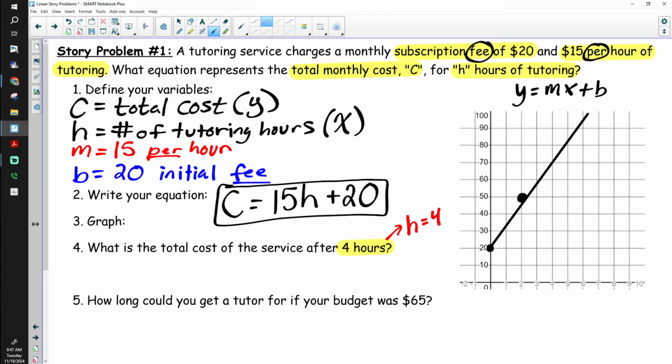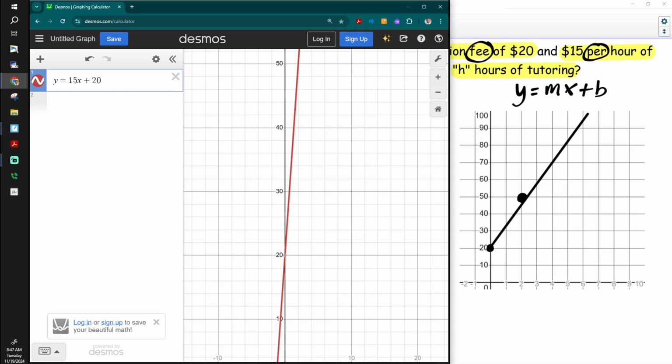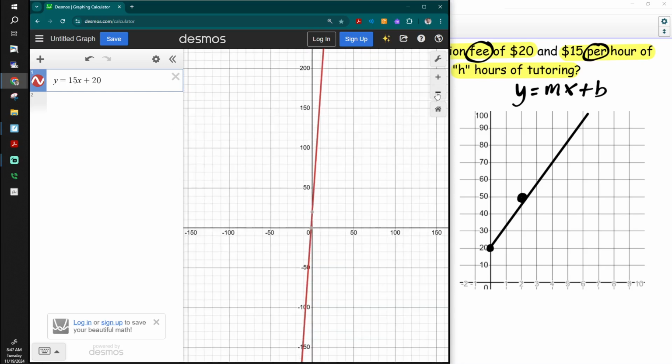Now, if you want to be awesome and do it mathematically, you could plug 4 right in for H and figure out how much it would cost. If you're someone who's visual and you like using Desmos to help you out, you just got to make sure you're nice and zoomed out. We can literally type in, instead of H equals 4 into Desmos, what would we type in? Where's the H in this equation? Yeah, we can write X equals 4.